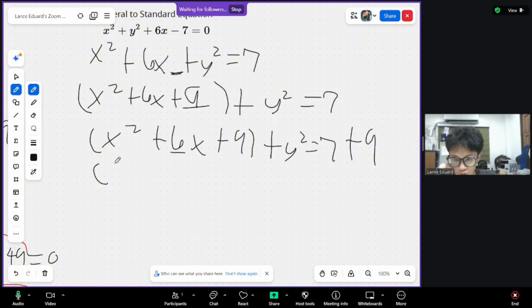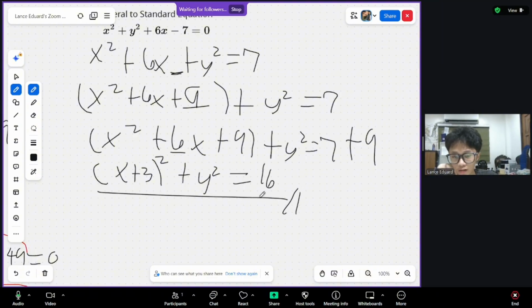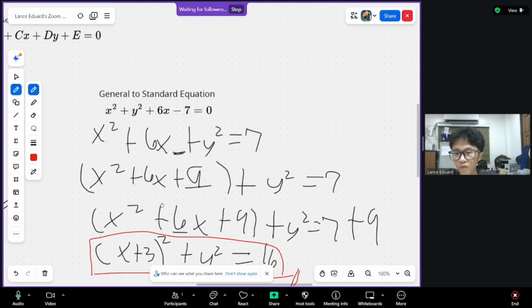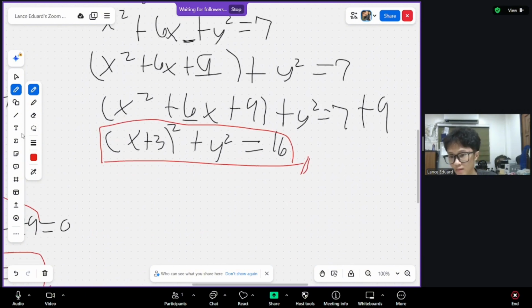Since we divided this by 2, it's going to be x plus 3 raised to 2 plus y squared equals 16. So that is our final answer. That is general form to standard equation.